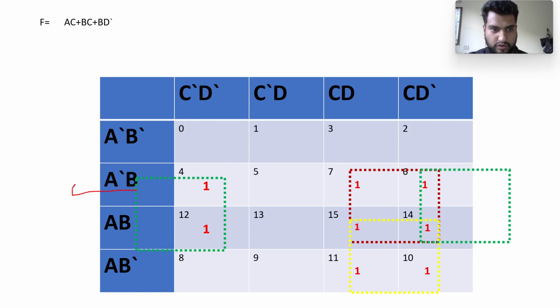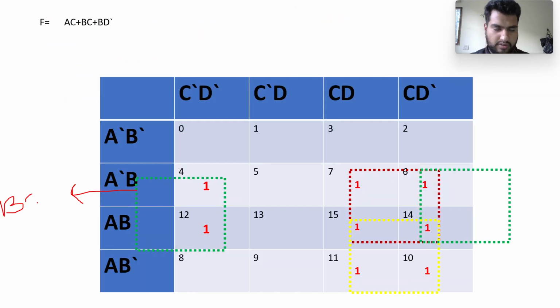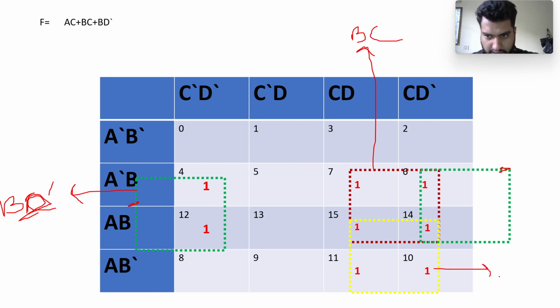So we check this term. This green one will give us BD complement, this will give us BC, and this yellow will give us AC.